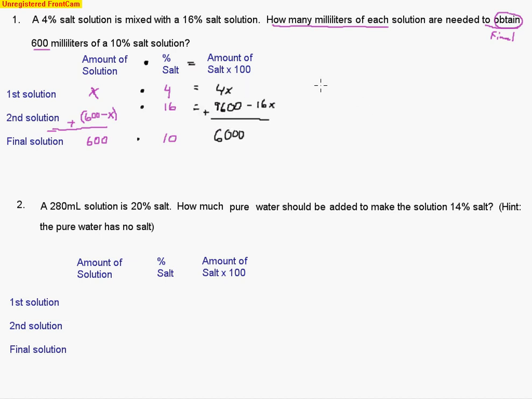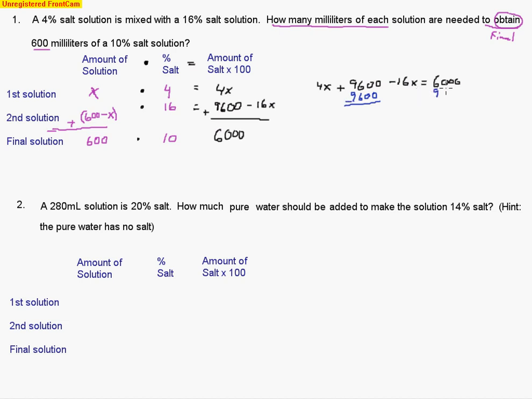And when I do that, it's 4x plus 9600 minus 16x equals 6,000. All I have to do is some opposite operations in this case. So I'll go ahead and subtract that 9600 from both sides and collect some like terms.